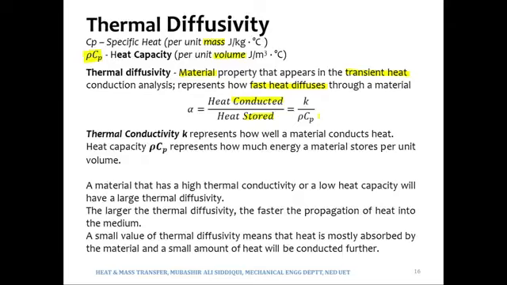The heat will flow from the higher temperature steam to the lower temperature pipe, and all the energy will not be conducted. Some of the energy will be stored, and as a result of this storage, we will see that the temperature of the pipe will start going up.